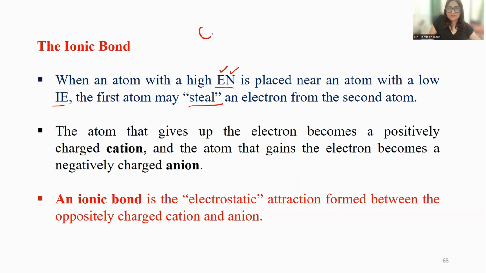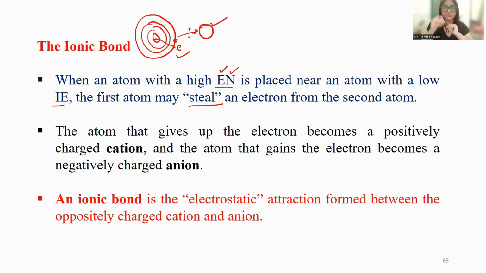The one which is more electronegative will pull the electron towards itself, and the other has a bigger size or a loosely bound electron. Why does it have low ionization energy? Because the nuclear charge effect is very far, so this electron can easily be ejected.